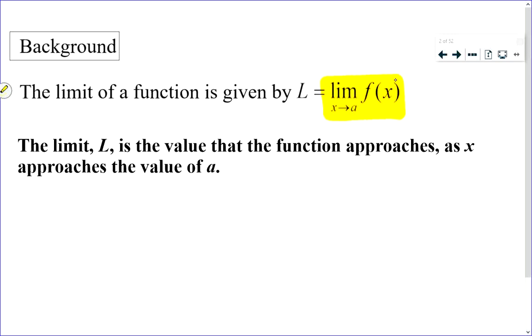But the bottom line is, as x gets closer and closer to some number, if the function gets closer and closer to some value, then we say that that value that the function is getting closer to is equal to the limit of the function.